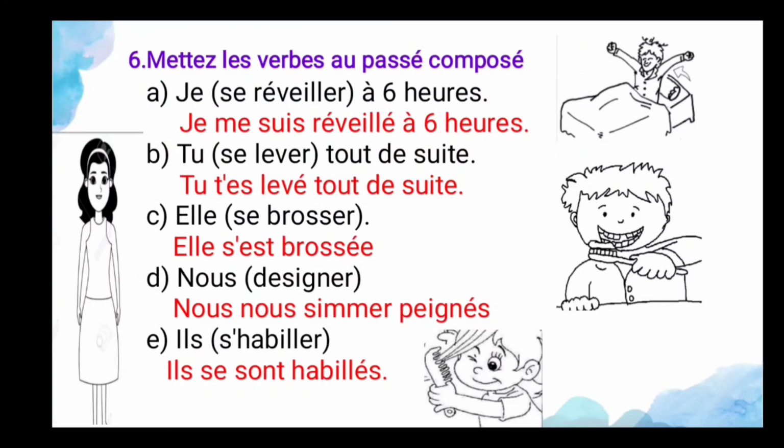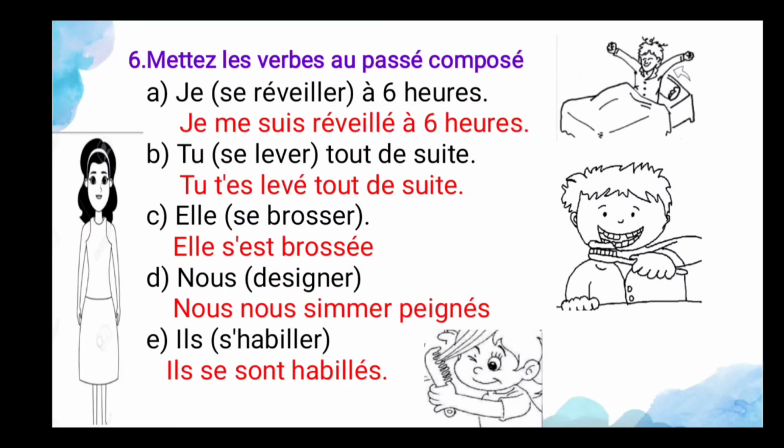So the passé composé of the pronominal verb. Here you have to conjugate in the past tense. So all the verbs they will give are pronominal verbs only. First one is je me réveille à 6 heures. So I woke up at 6 o'clock, and you have to use the passé composé conjugation only.